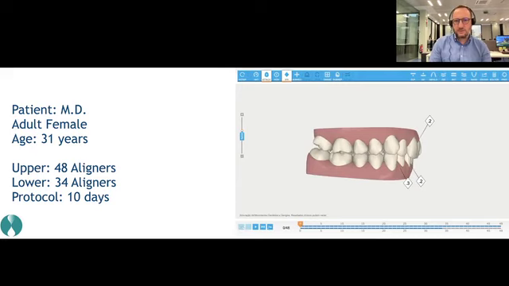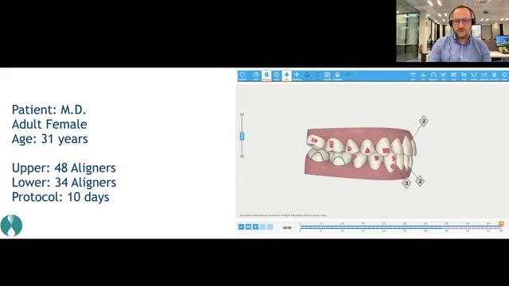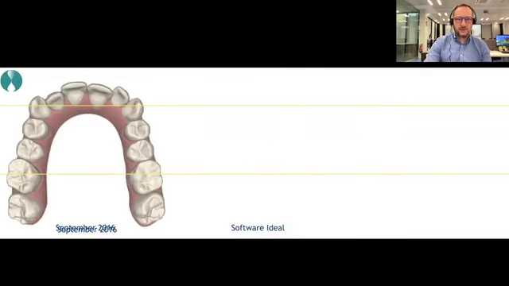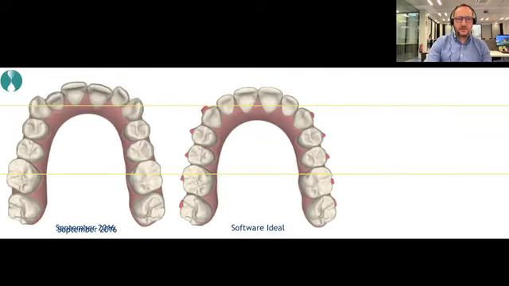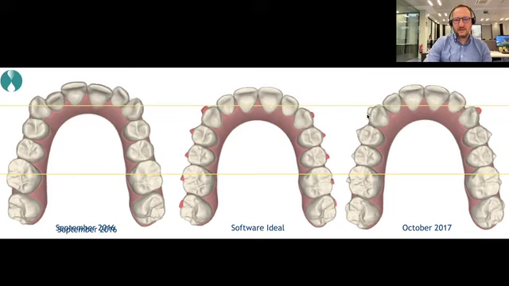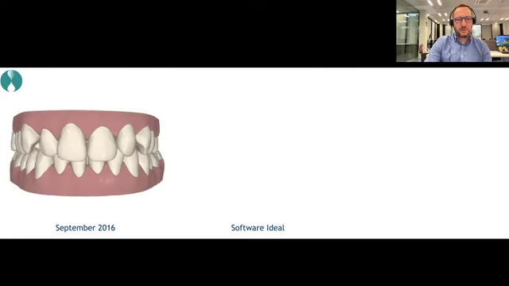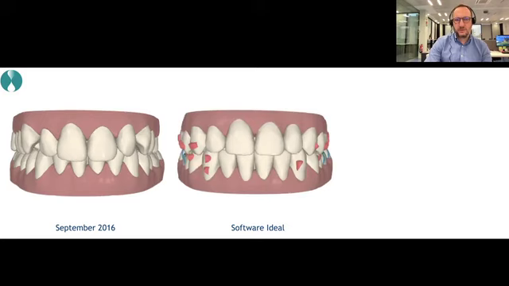So look at the sequence of the movement, how much we are retracting. The first stage: 48 aligners in the upper, 34 in the lower, a protocol of 10 days, okay. And here is the initial, okay, how much we digitalize, and at least we planned, and where we got a huge improvement in the lower arch, but we couldn't solve the case, okay?